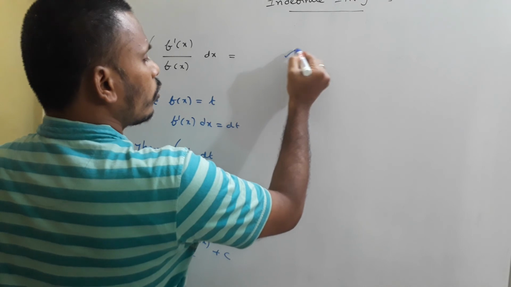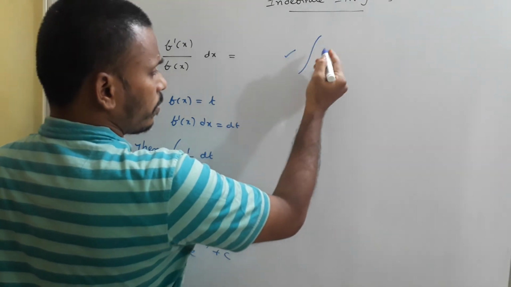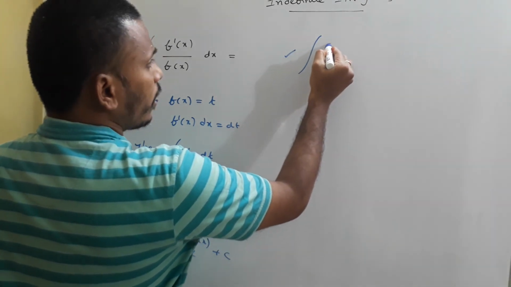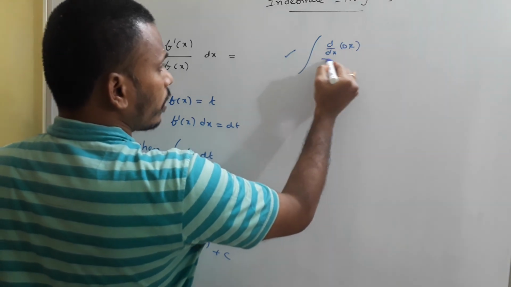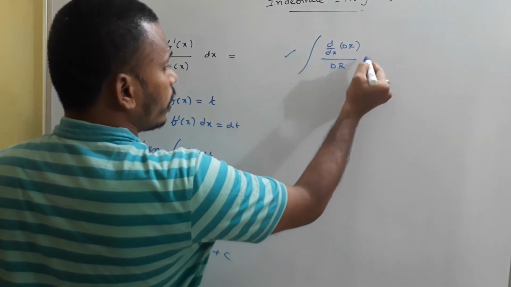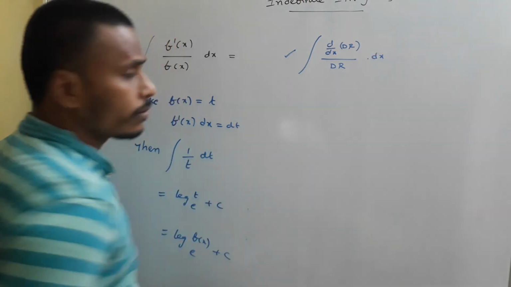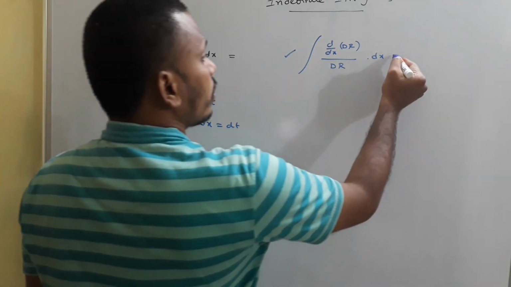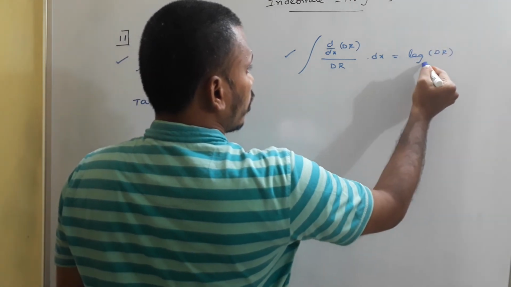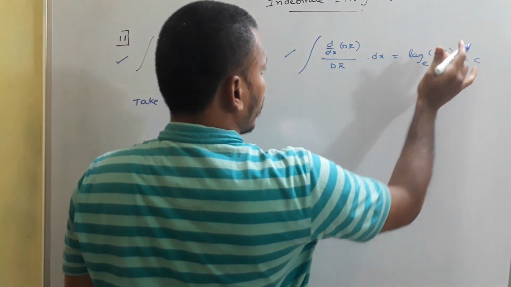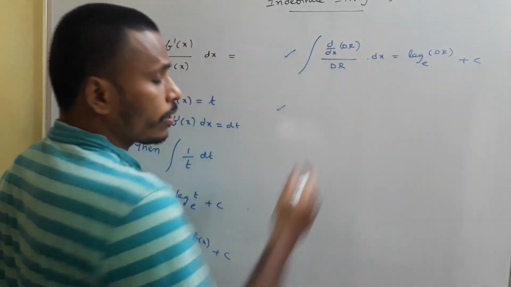That means the integral of the derivative of the denominator divided by the denominator dx is the logarithm of the denominator to the base e plus c. That's our answer. Try to memorize this format.